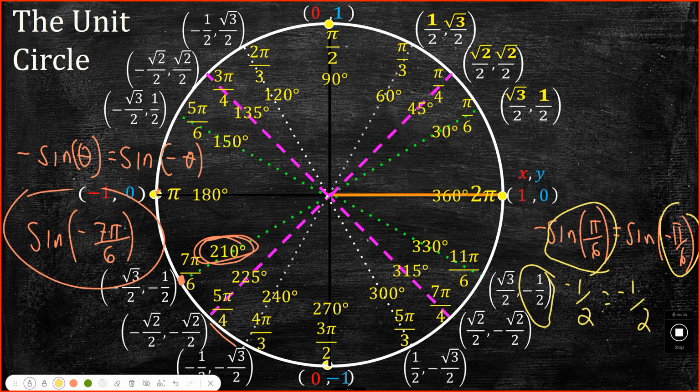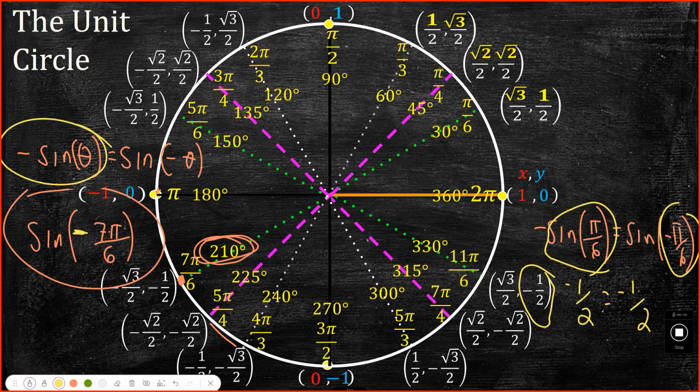So you're like, I don't get it. What's the point? The point is that sine of negative theta is equal to negative sine theta.